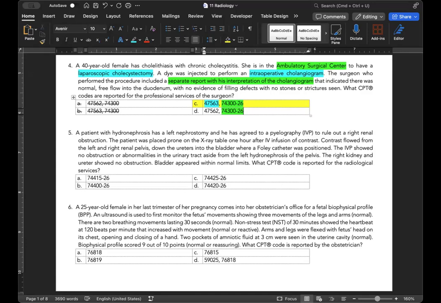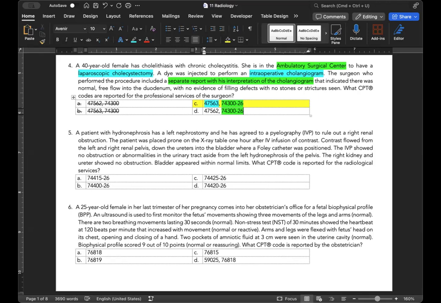So they're all right there pretty close together. So let's go to the 744s. 74415 is a urography infusion drip technique and or bolus technique with a tomography. 74400 is a urography or a pyelography, intravenous with or without KUB, with or without tomography. 74425 is a urography antegrade radiological supervision and interpretation.